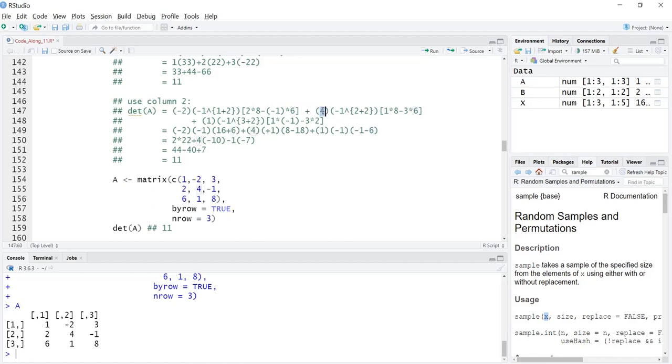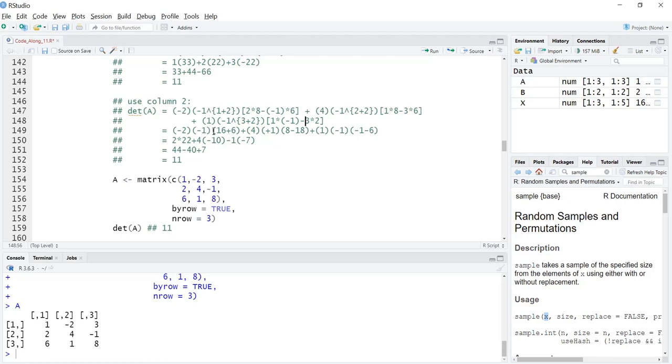And then I have the 4, and this is positive. And then I have 1 times 8 minus 3 times 6, so 8 minus 18. And then I have 1 times negative 1, which is negative 1. And then minus a 3 times 2, which is 6. So negative 1 minus 6.